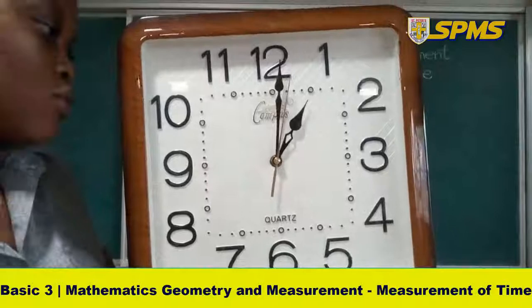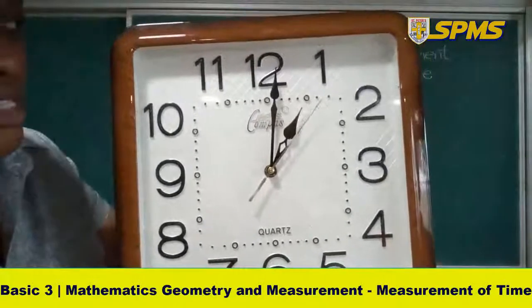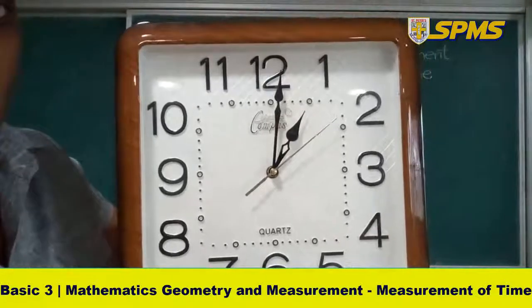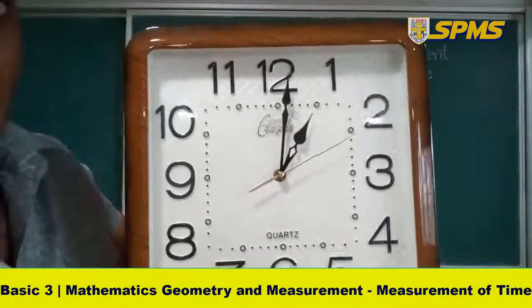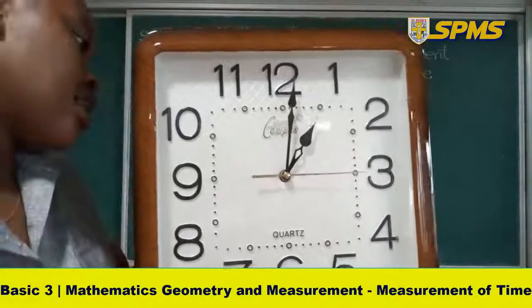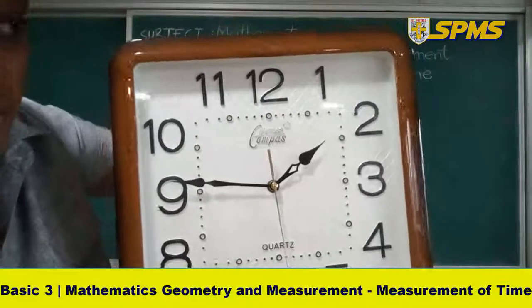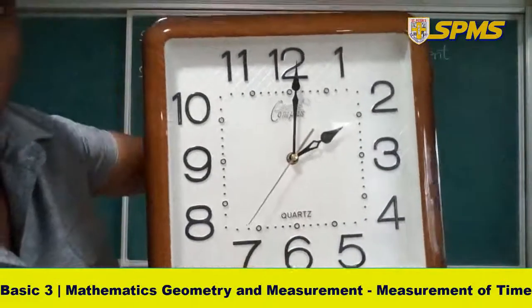Now let us demonstrate how this works. Pay attention to the minute hand and then the hour hand. I will move the minute hand in a clockwise direction. Can you see the movement? Good.